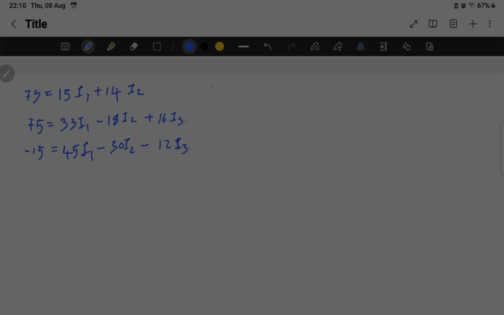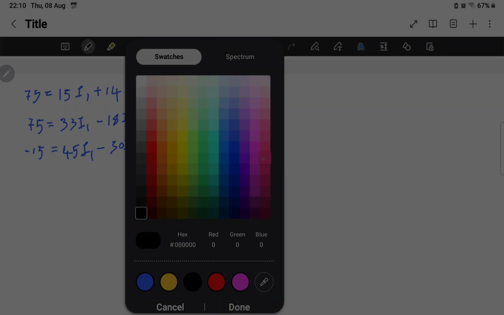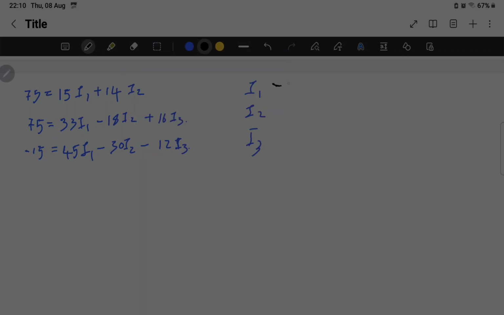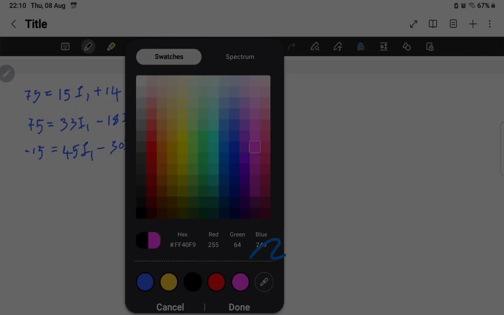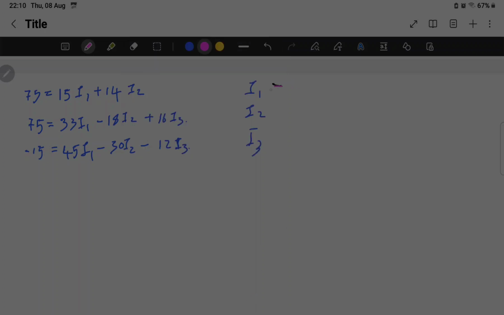So we see that we have three unknowns, right? We have I1, I2, I3. So we need to solve for the unknowns.